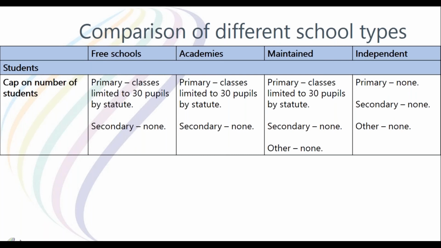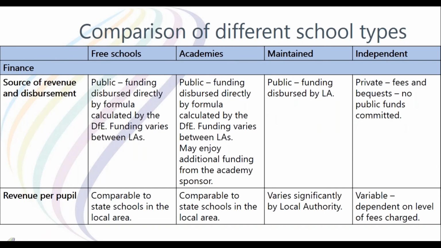Moving on to finance, the source of revenue and the disbursement of any funding. For free schools, it's public money, funding dispersed directly by a formula calculated by the DFE. Funding, of course, varies between local authorities, and we've talked about that in previous slides, and indeed we touched on that in the first webinar.